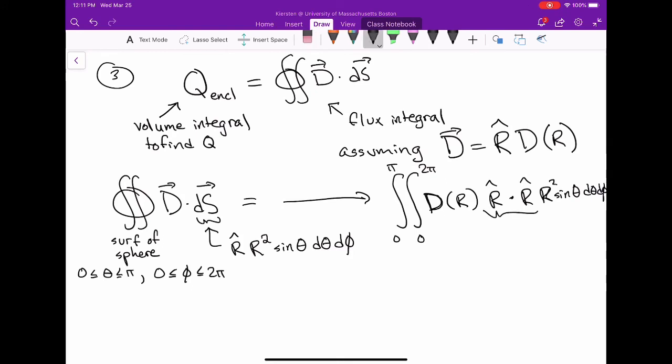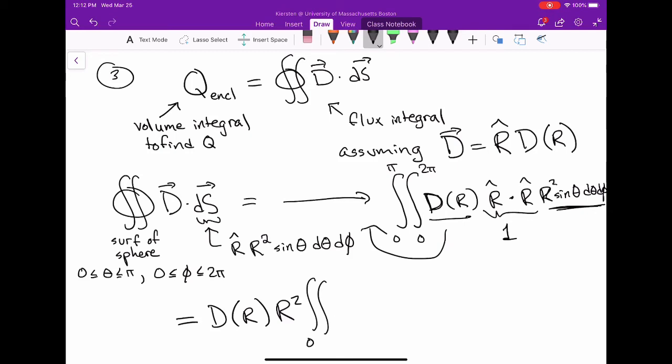This r hat dot r hat evaluates to 1. D of r stays the same because we are not integrating with respect to r, so that can actually move out to the front of the integral. And then what's left is D of r times r squared times the integral 0 to pi, 0 to 2 pi of sine theta d theta d phi.